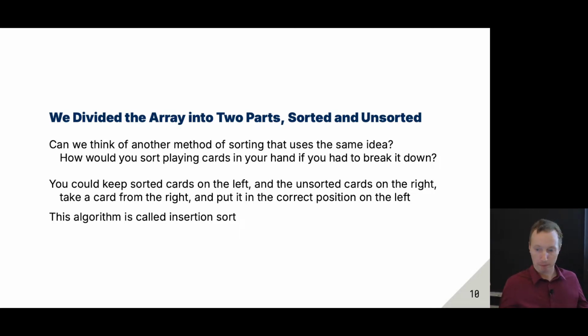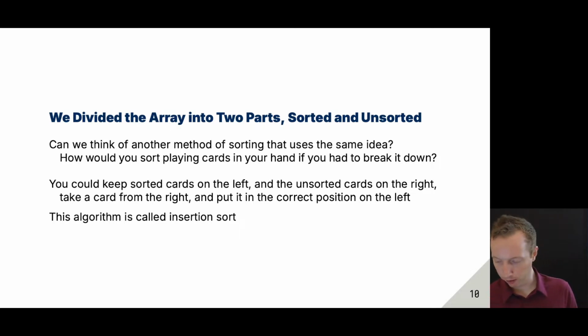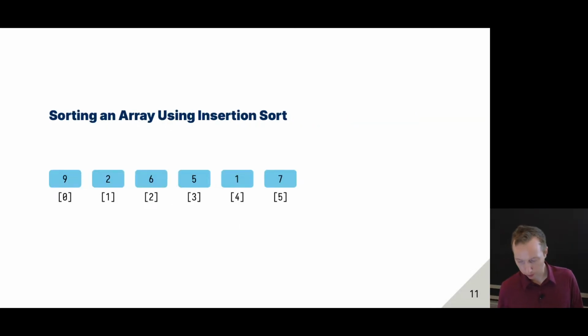Since you insert the element in the right place, this algorithm is called insertion sort. We keep a sorted part and an unsorted part of the array. So let's go over how this would work with insertion sort.